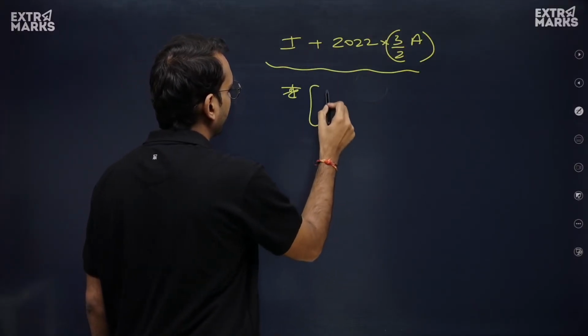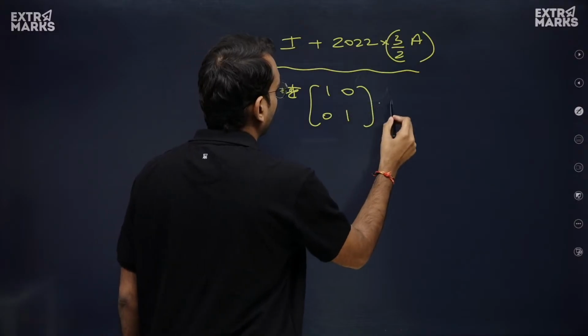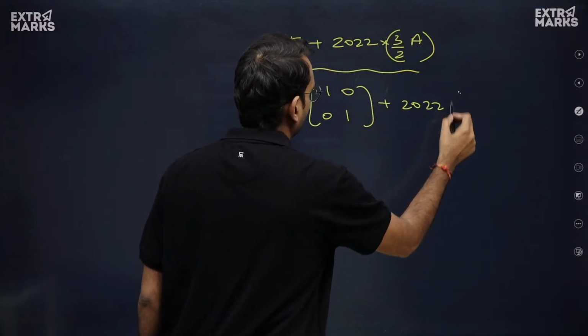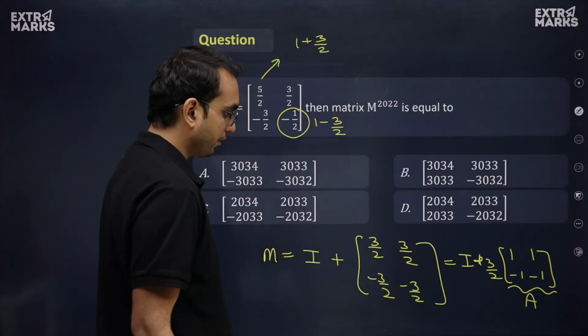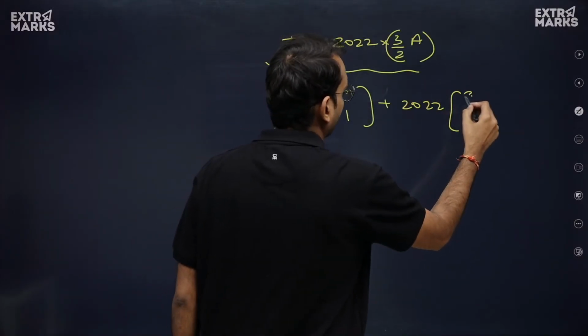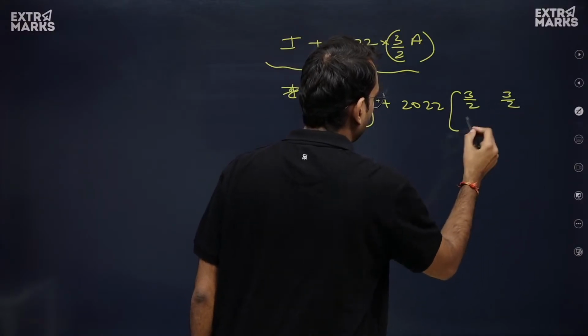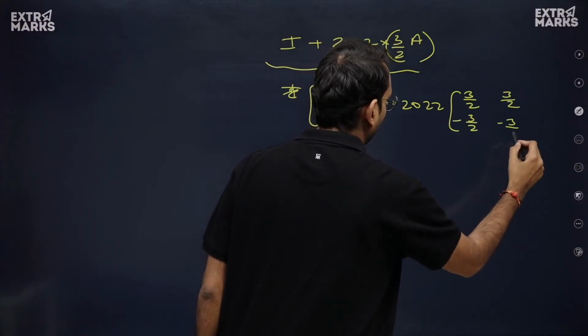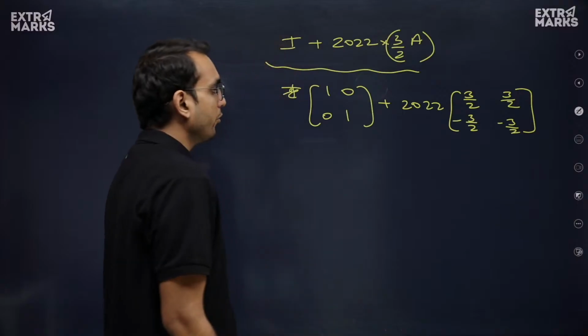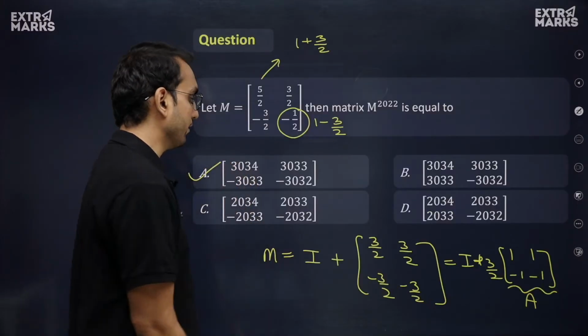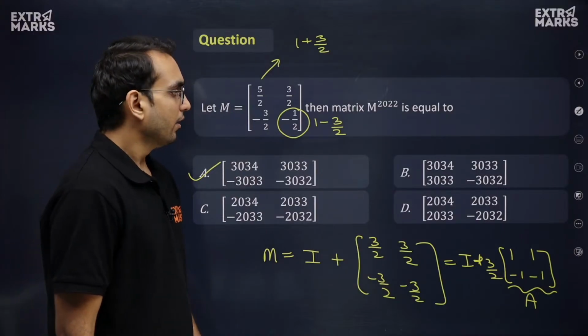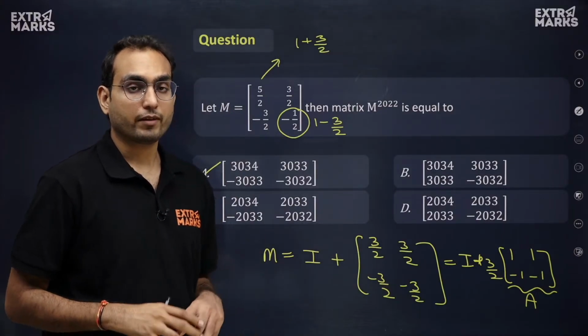I is basically 1 0 0 1 plus 2022 into 3 by 2 A. 3 by 2 A is equal to this: 3 by 2, 3 by 2, minus 3 by 2, minus 3 by 2, and now you can easily find the value of this, and when you solve this, the answer will come out to be this matrix, right? So this is really a good question, a difficult question.